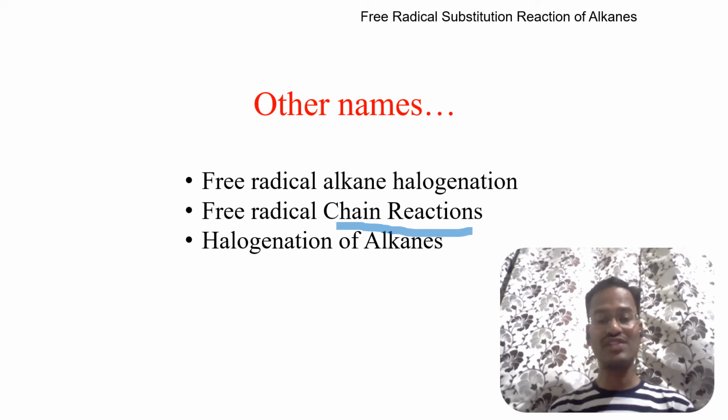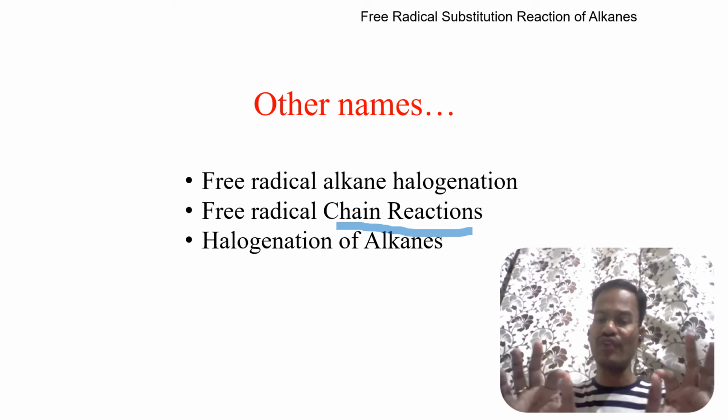Because once this free radical substitution reaction gets initiated, it won't get closed as easily, because free radicals are highly reactive species. So they will keep on reacting, keep on reacting. So a long chain of hydrocarbons will be formed.